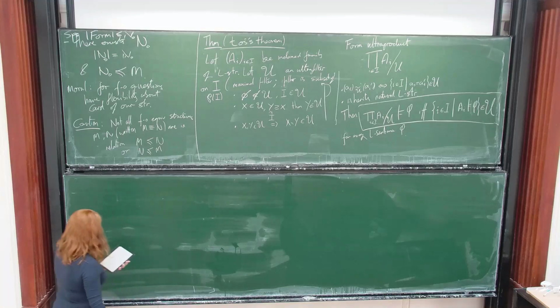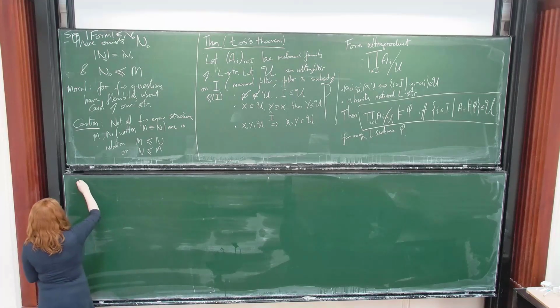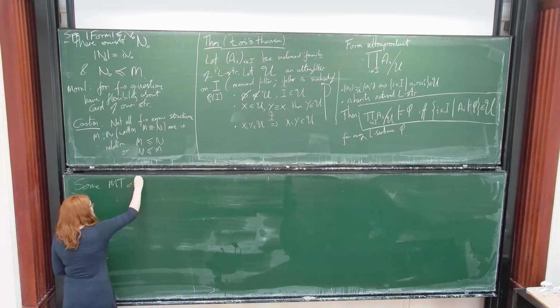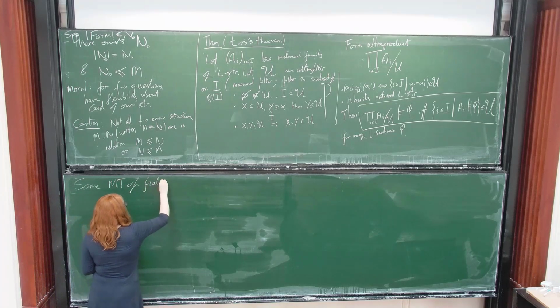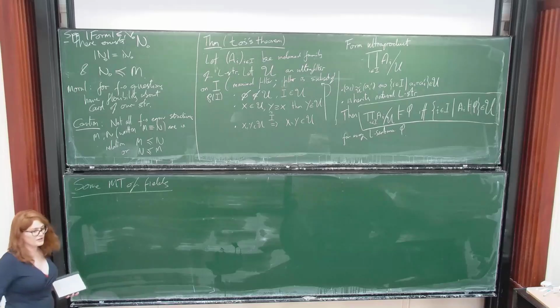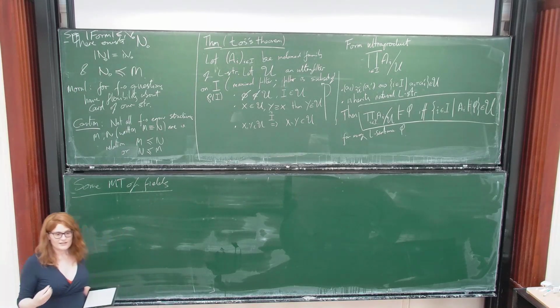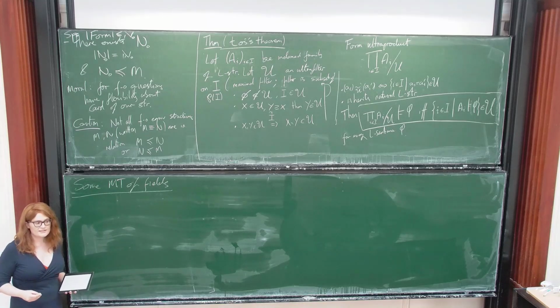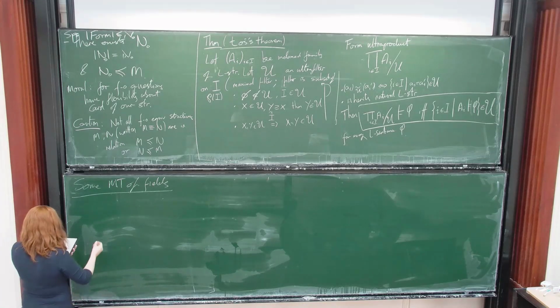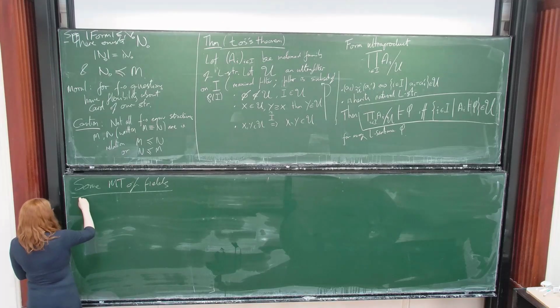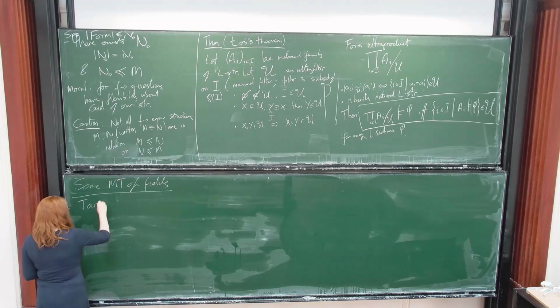Okay. So now let's talk about some model theory of fields. Because valued fields are, after all, I believe, fields. And you know, there are a couple of underlying ingredients that we can't avoid thinking about. So, Tarski is the pioneer here.